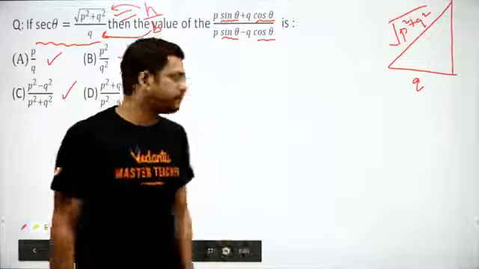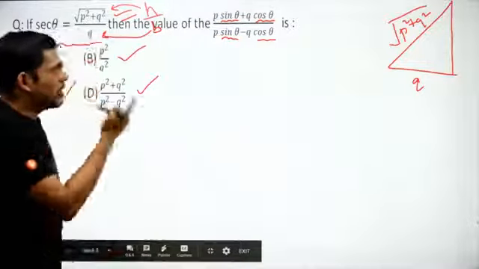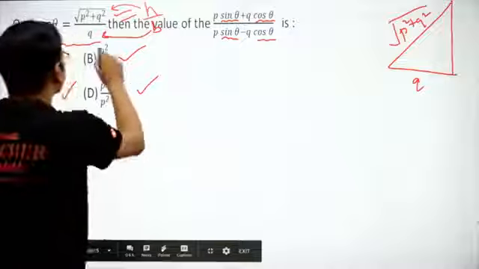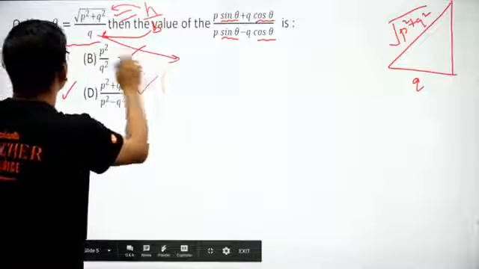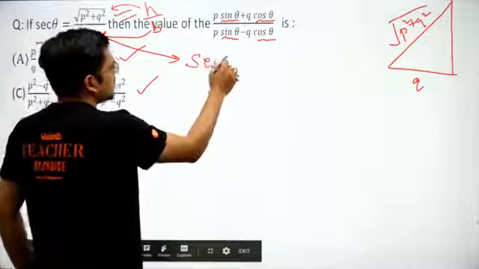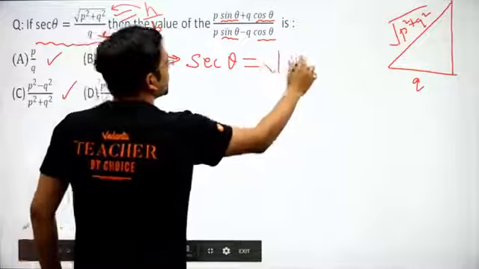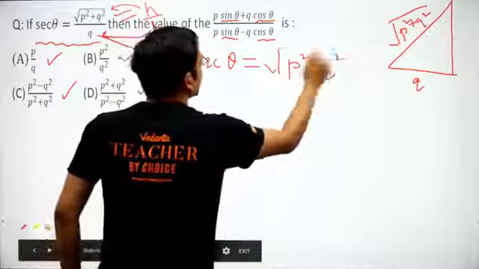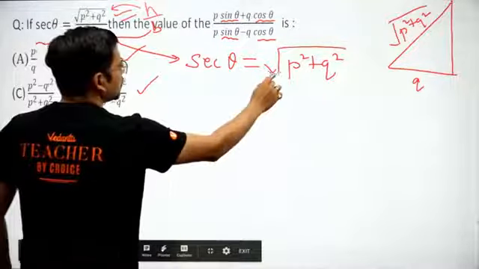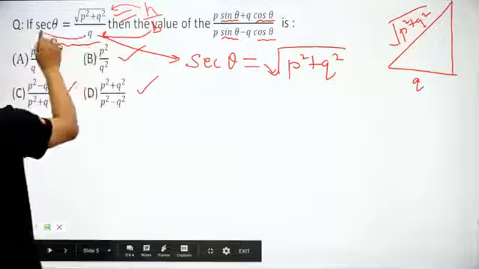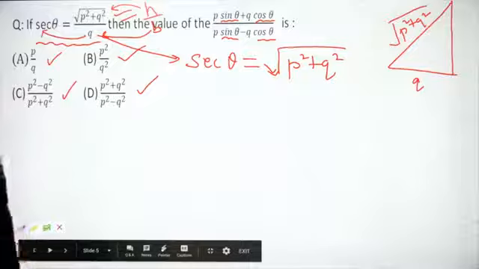It will take time. Now, what I was suggesting, what I will do here is simply put out this sec theta. This sec theta is equal to root under p square plus q square. See, what I can do is simply send this q to this side. Can I do this?